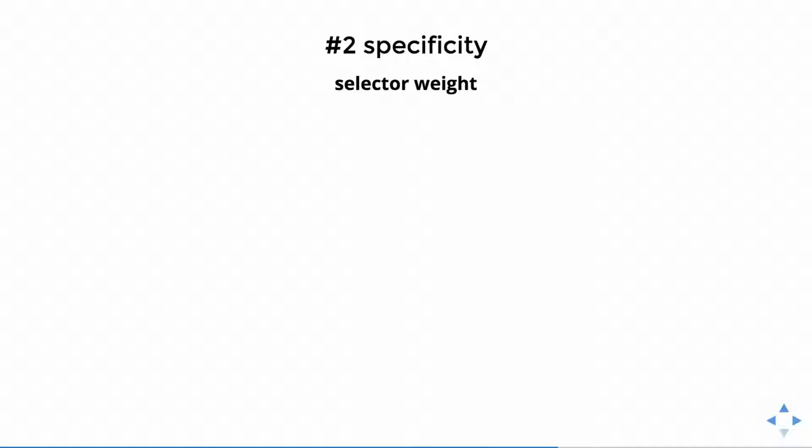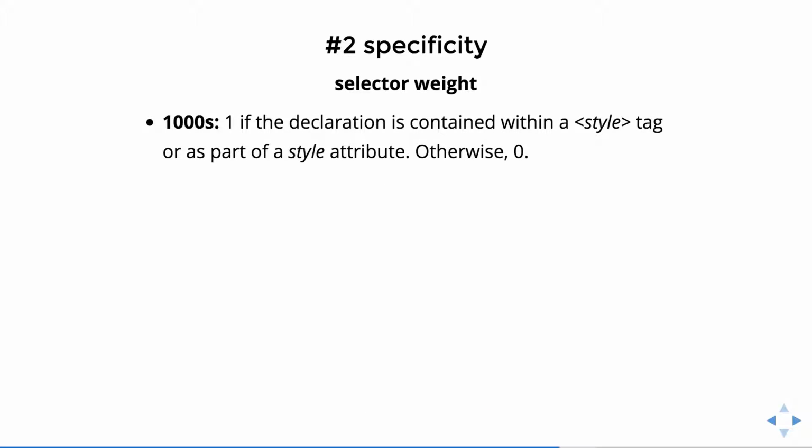So let's break down this selector weight. In the thousands, the far left, the most important part, the thing that's going to win out no matter what is a 1 if the declaration is contained within a style tag in your document or as part of a style attribute. In your document, you can refer to a style sheet with a link, external, or inline with a style.